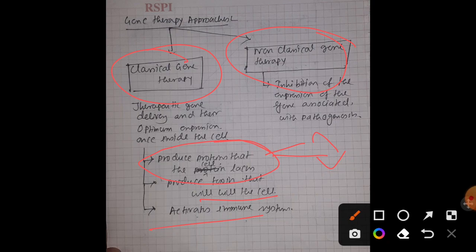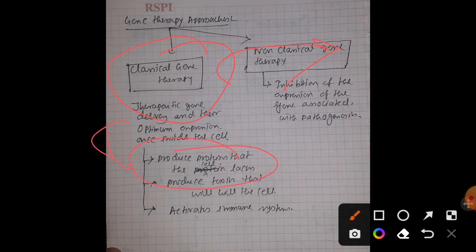Understood? In classical gene therapy we are transferring the therapeutic genes inside the cell. The therapeutic genes will produce the protein. These proteins will either activate the immune system, and then the immune system will take care of the situation, or in some cases it will produce toxin and cause the destruction of the cell, and in some cases it will produce protein that will fulfill the shortage or absence of some type of proteins in the cell.